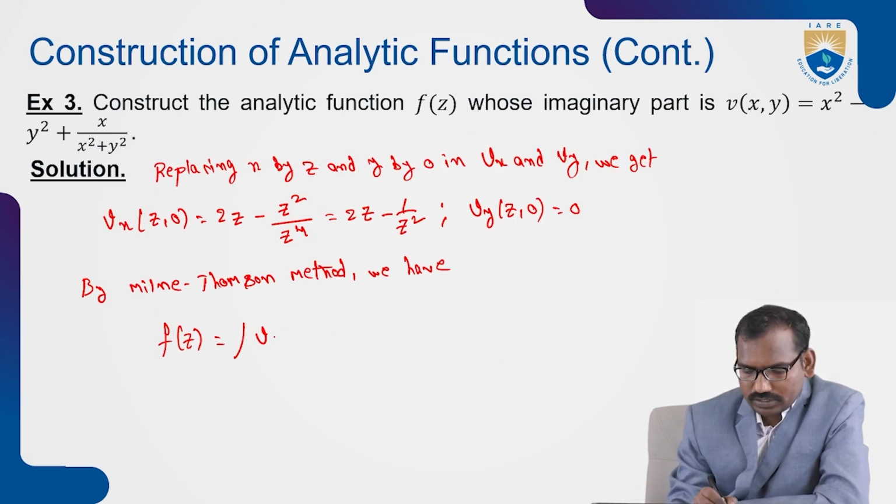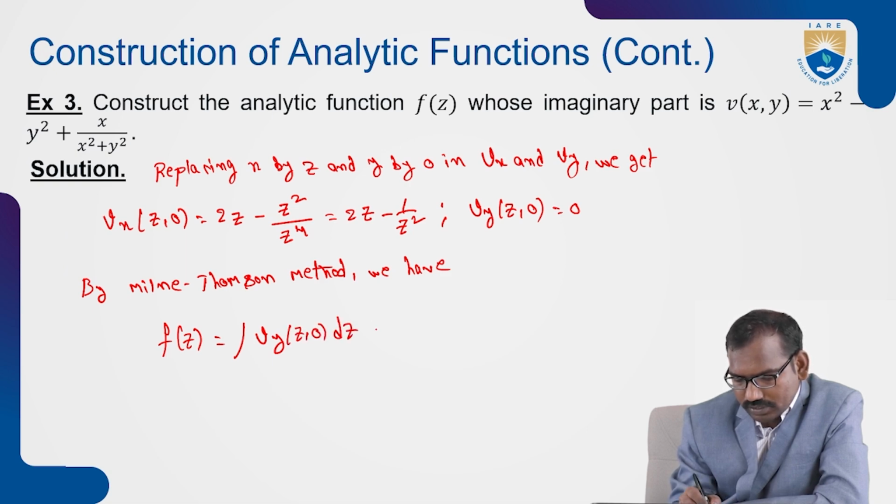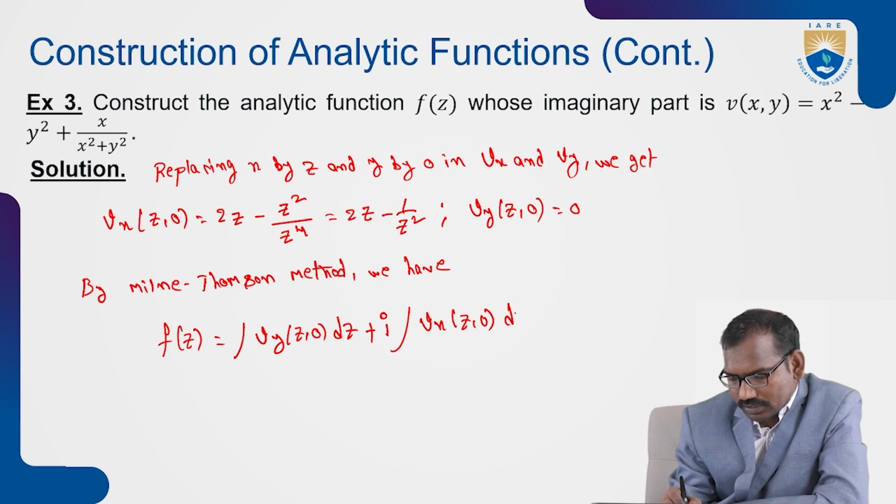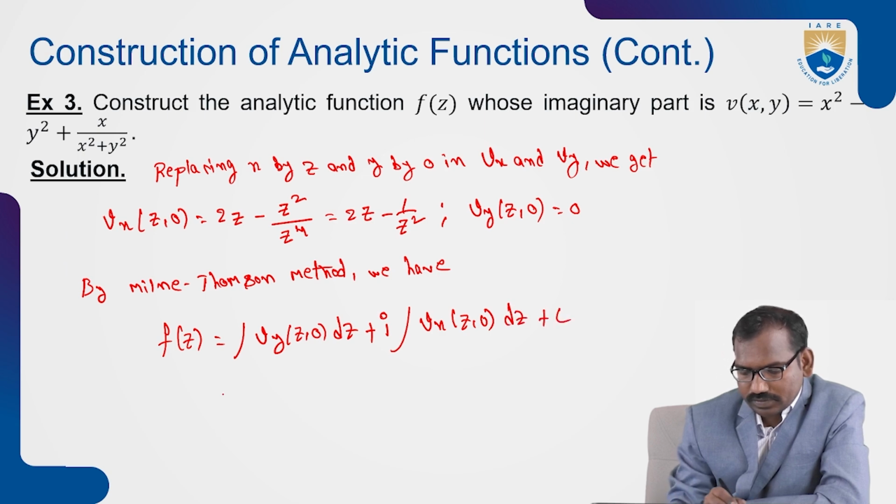It is v y z comma 0 dz plus i times integration v x z comma 0 dz plus c.